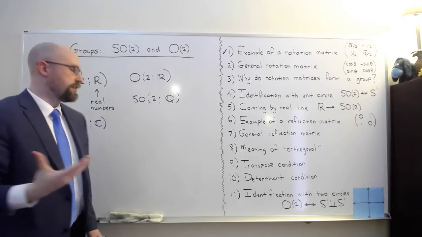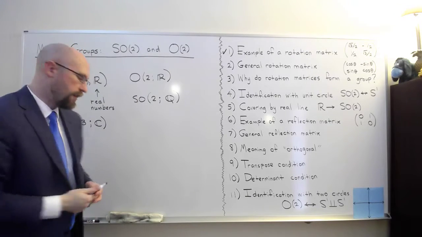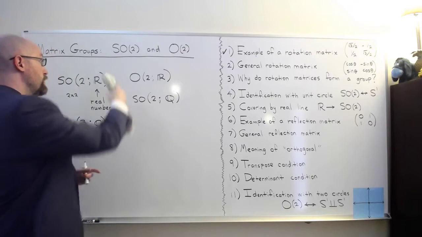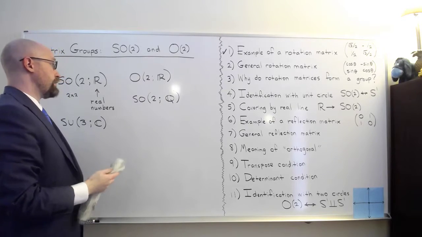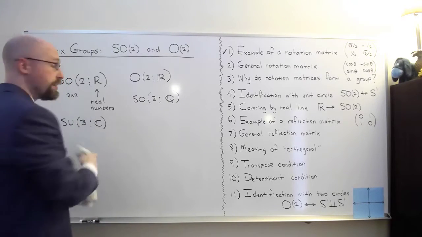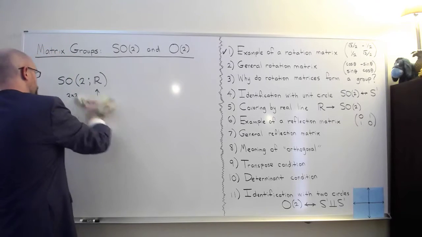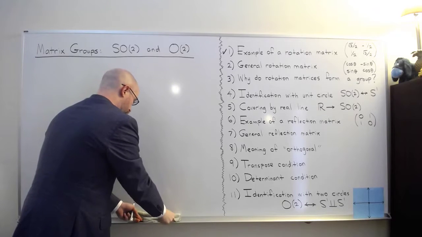You really do have to specify that somehow, and up to this point I've just been assuming that they're real numbers. And we will continue to assume that when we're looking at the special orthogonal and the orthogonal group. That's usually the convention. If we get to unitary groups, then of course things will be different. So let's move on now.